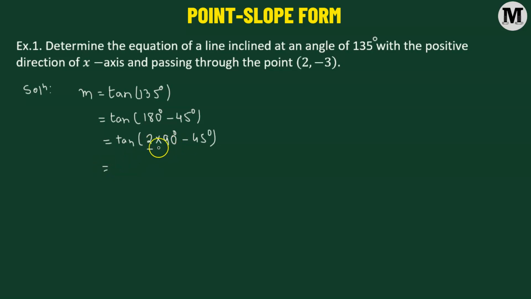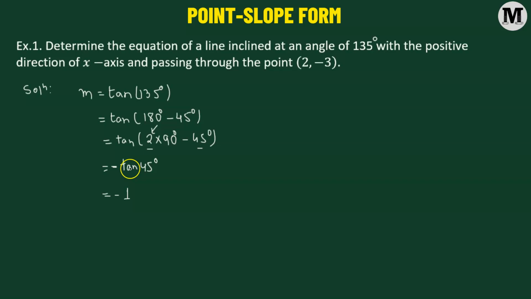So whenever we have an even multiple of 90 degrees, our tangent function is going to stay as the tangent function, but the new angle will be 45 degrees instead of 135 degrees. So we have tangent of 45 degrees. But we'll also have to be careful about the sign of the tangent function, because in 2 times 90 here, the number 2 is indicating that we are in the second quadrant. In the second quadrant, the tangent function is negative. Since it is negative, that means our slope is going to be equal to -1.